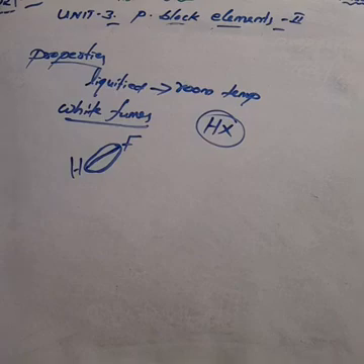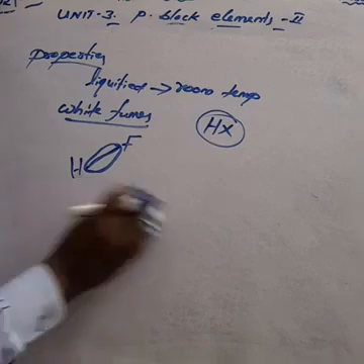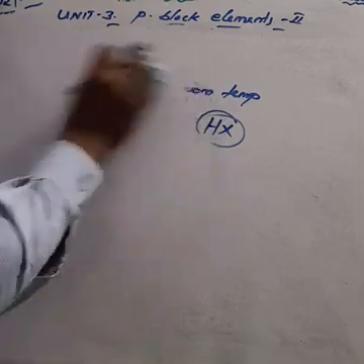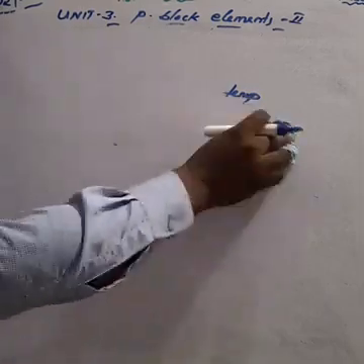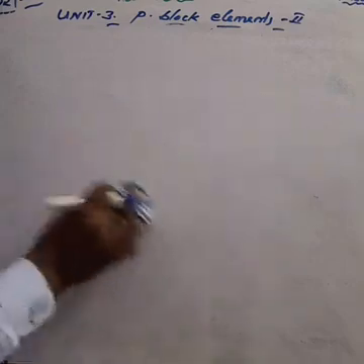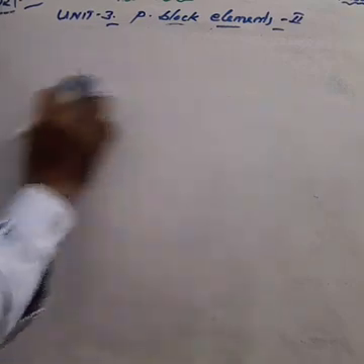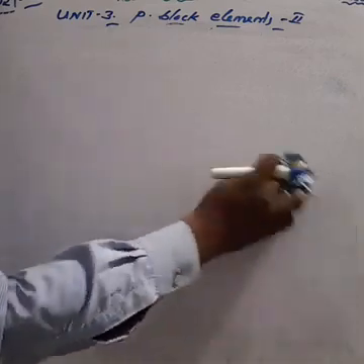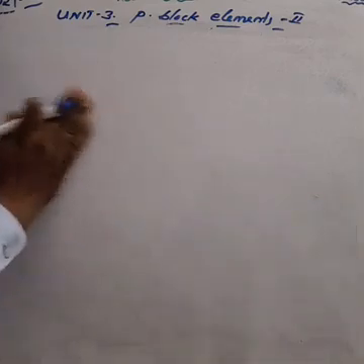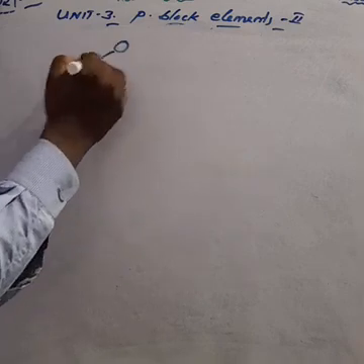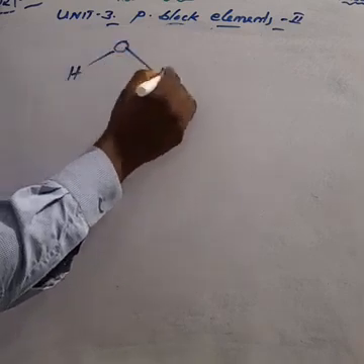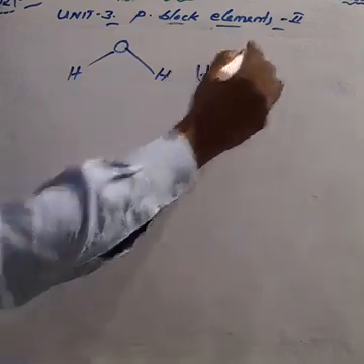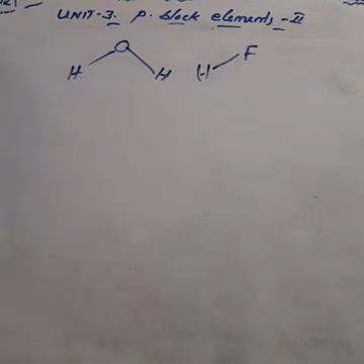Fluorine easily reacts with hydrogen due to intermolecular hydrogen bonding. So you have a strong hydrogen bond, just like water also has a strong hydrogen bond, where oxygen bonds with hydrogen. This is the hydrogen bonding.